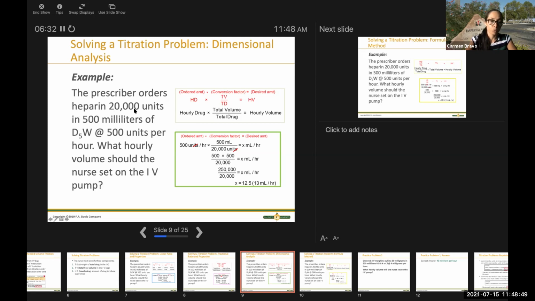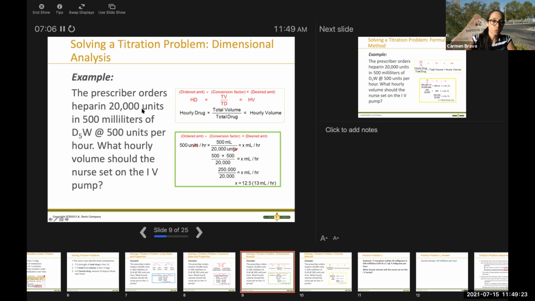Then it gives you an example. We have 20,000 units, and 500 milliliters of D5W at 500 units per hour. Let me read again, I'm sorry guys.